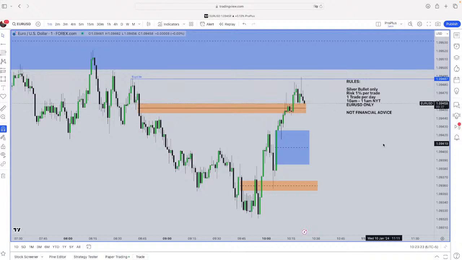No, I wouldn't sell if it goes below there. It's potentially going to retrace back now into this inefficiency here.